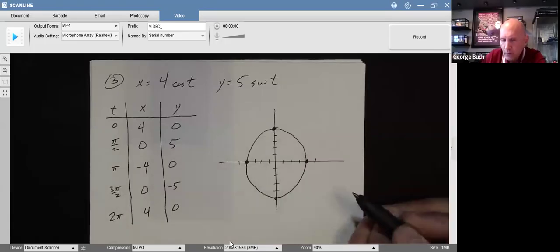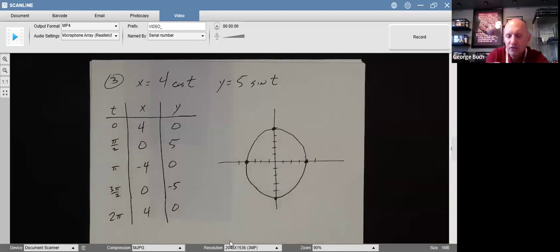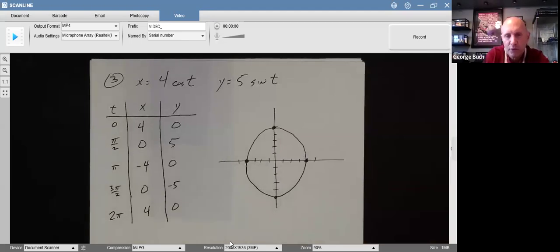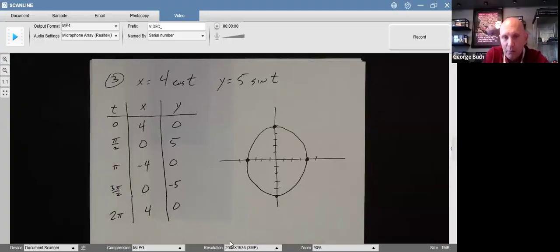So the sketching of these isn't normally that big of a deal. You guys are pretty good with this. The problem now comes with the conversion. Because before we were doing what? We were solving one of the equations for t and then substituting it into the other one.